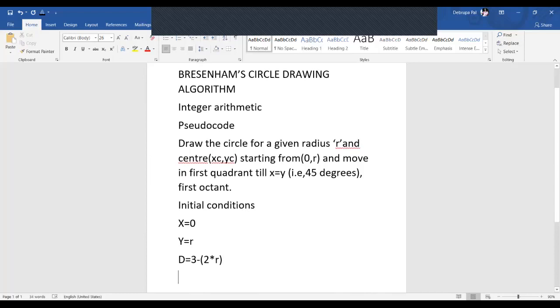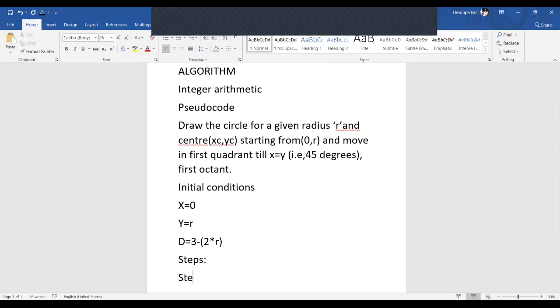Now we will look into the steps. Step 1: set initial values of xc, yc, and x, y.